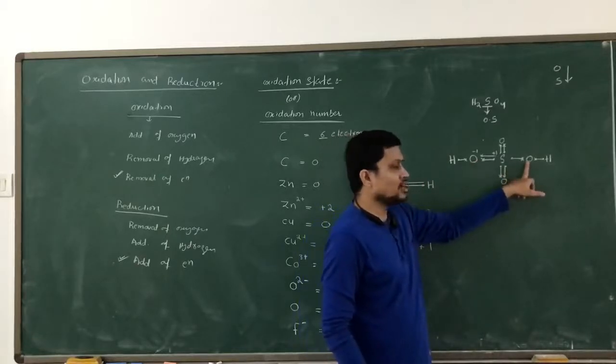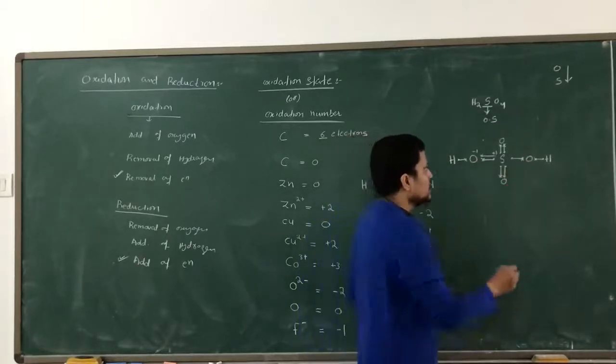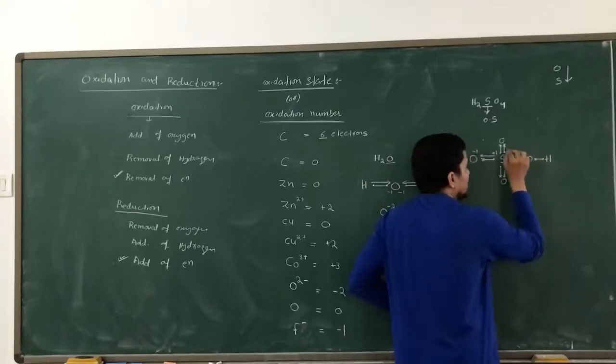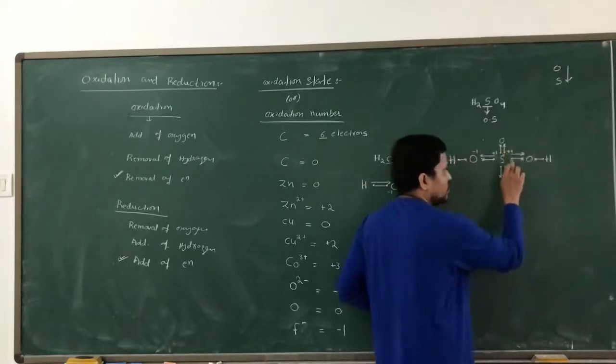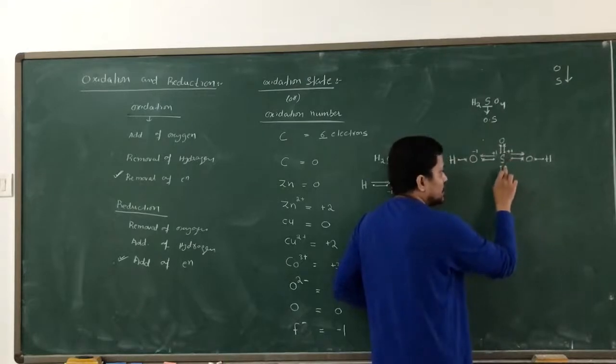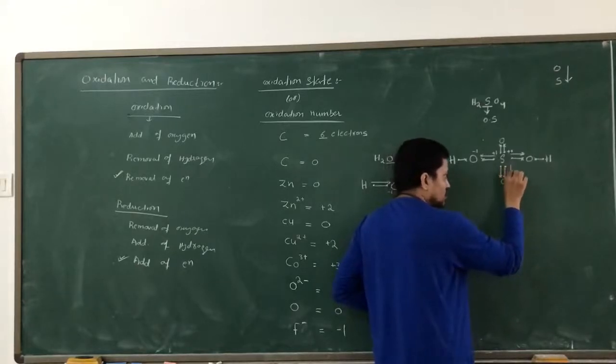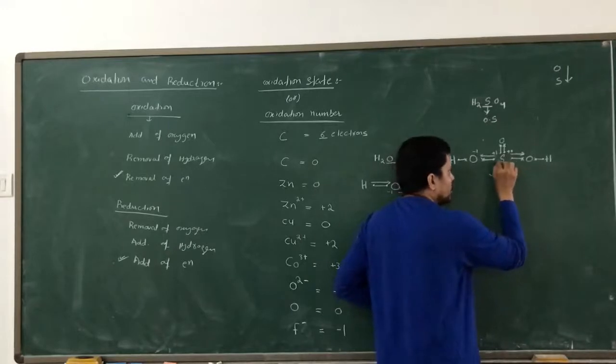Now for this next oxygen, sulfur is losing the second electron, so again it gets 1 more plus 1 after losing this electron. Now here, sulfur is again sharing 2 electrons with this oxygen. Where do these 2 electrons move? Towards oxygen only. So again 1 more plus 1, 1 more plus 1.